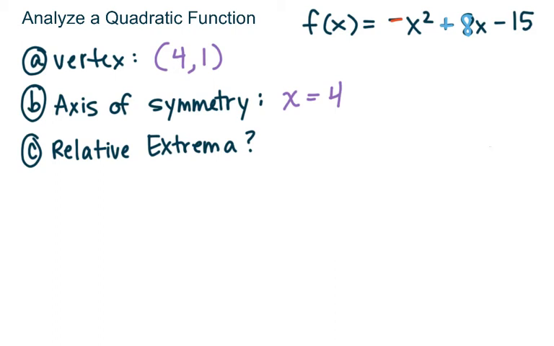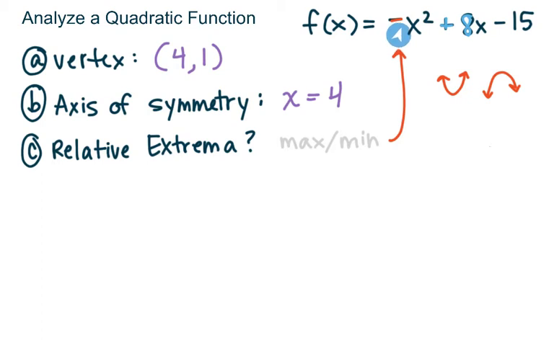For part C, we're going to determine if this function has any relative extreme values. And by relative extreme values, that means we are looking for a max or a min. Well, we know that all quadratic functions are shaped like parabolas, and parabolas either open up like a cup or down like a frown.